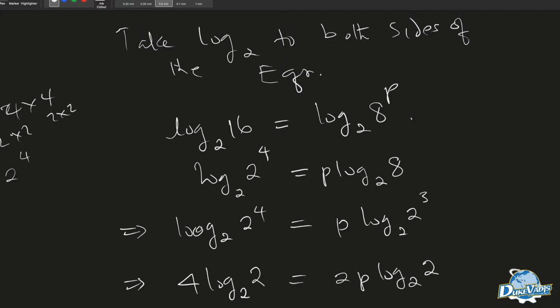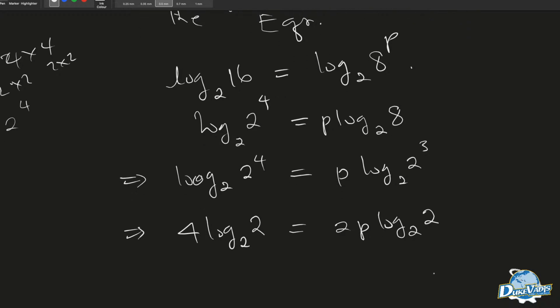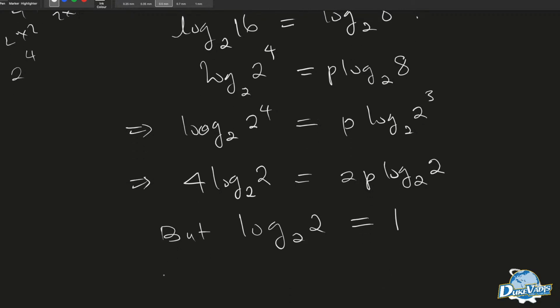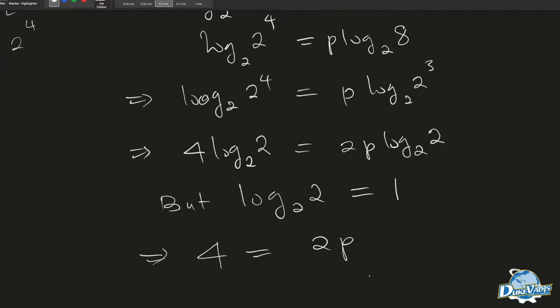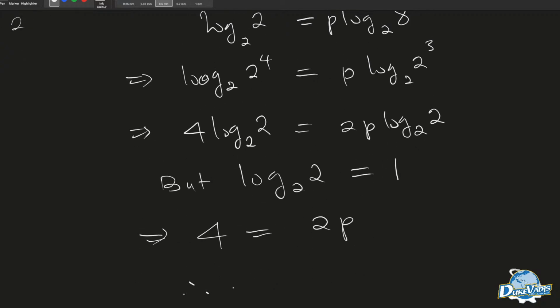What do you see? We know that log 2 base 2 will give us 1. You see, friends? So our left hand side will be 4 equals 2p, and therefore p equals 4 over 2.